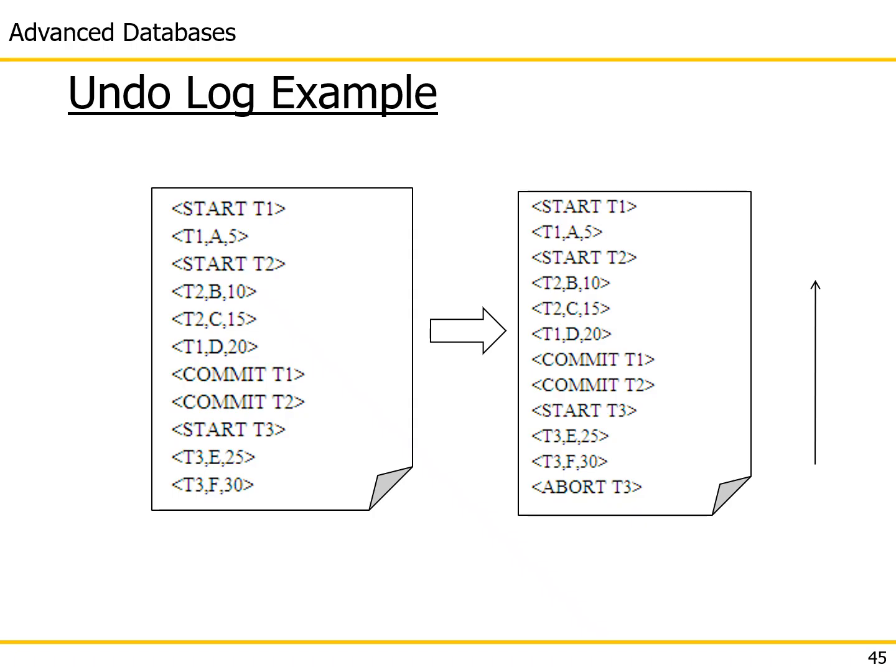Now, there's one thing about undo logging you have to realize. The log is being appended at the bottom. So T1 started, we wrote it, T2 came later, so we wrote it after it, and it goes like this. But when we are actually undoing things, we will always start from the bottom and go upward. The point is, I want to go to the closest history to me moving backward in time.